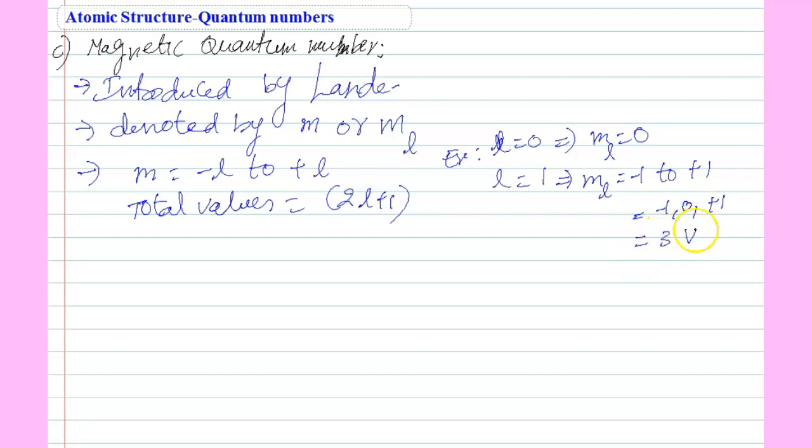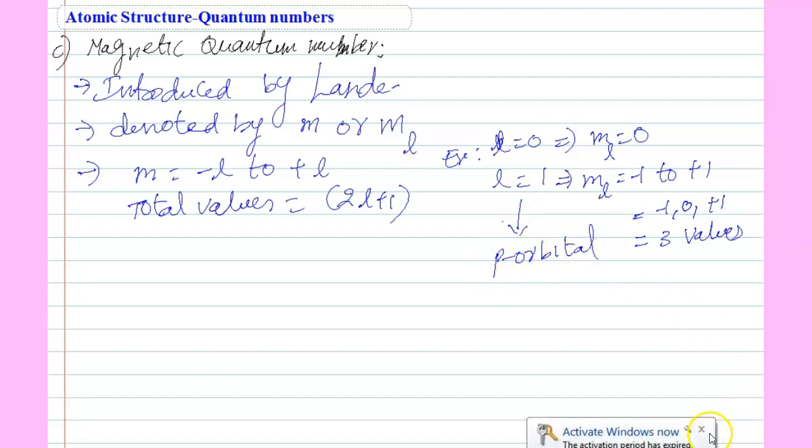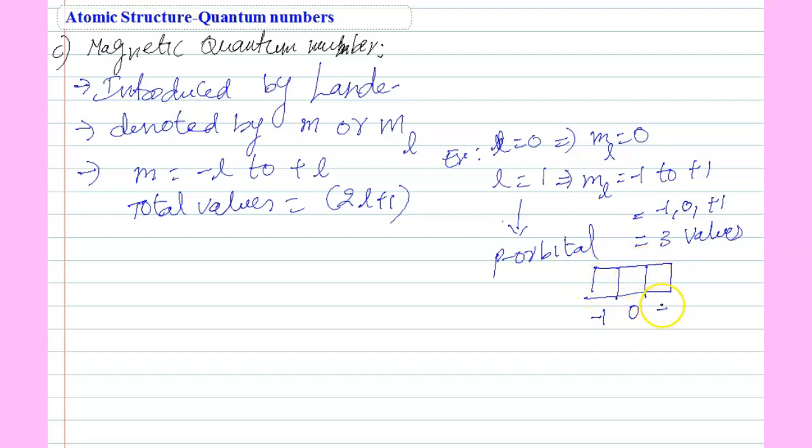Totally how many values are possible? 3 values. l equal to 1 means p orbital, and the p orbital has 3 subshells. So this is the p orbital: this is minus 1, this is 0, this is plus 1. That is the meaning of this.